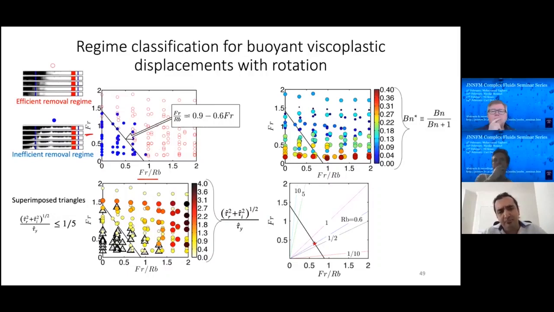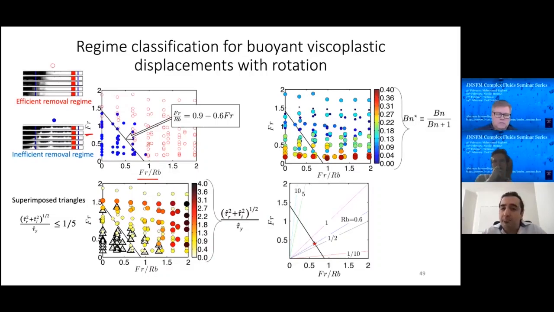But interestingly, the line that we found for the Newtonian transition, the critical transition for the Newtonian fluid, seems to be still more or less, not perfectly, but more or less valid for classifying the flow into inefficient and efficient removal regimes.